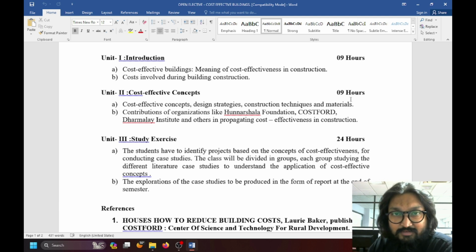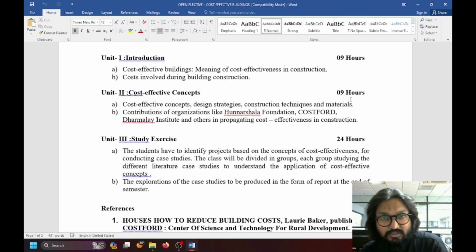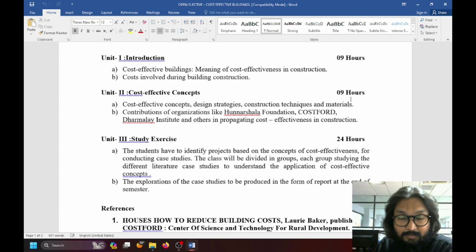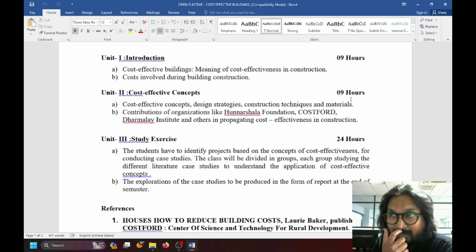The first is obviously we are understanding the basics of cost-effective architecture, cost-effective way of construction, different strategies that are supposed to be considered at designing stage, different strategies which are going to be considered at planning stage especially, and then in preparation of site, and different choices of building materials play a very important role in controlling the cost of any project.